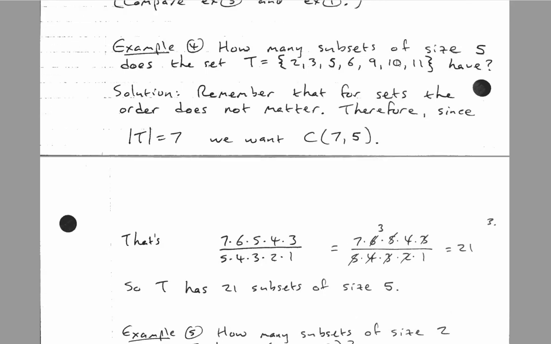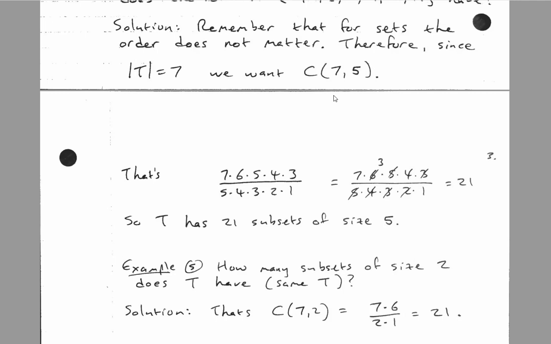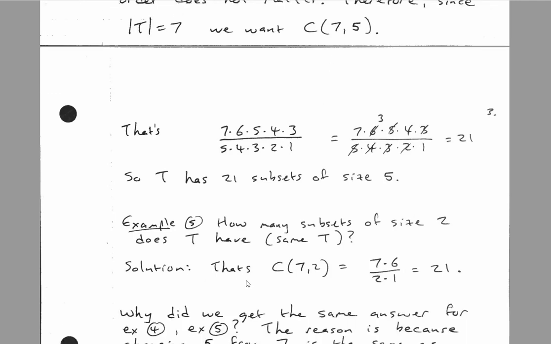Yeah, this same T. Well, now instead of 5, we're choosing 2, so we're looking for 2 combinations.